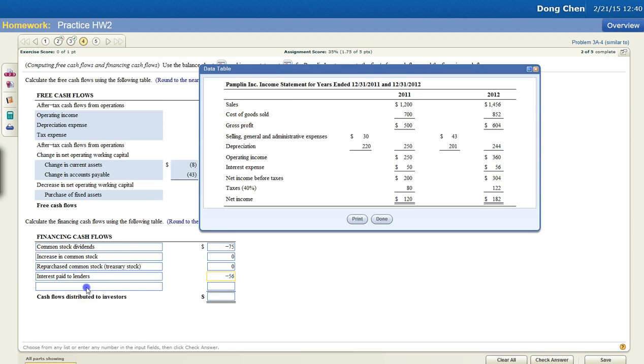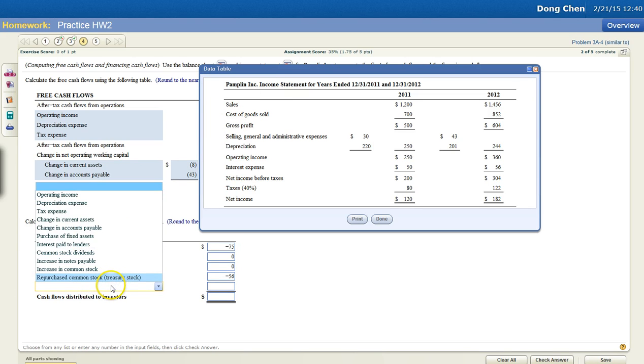The second cash flow from the creditors' perspective is similar to the second cash flow from the shareholders' perspective, which is the increase in interest-bearing debt. Interest-bearing debt may include both notes payable and long-term debt. Looks like for this specific question we don't have any long-term debt.